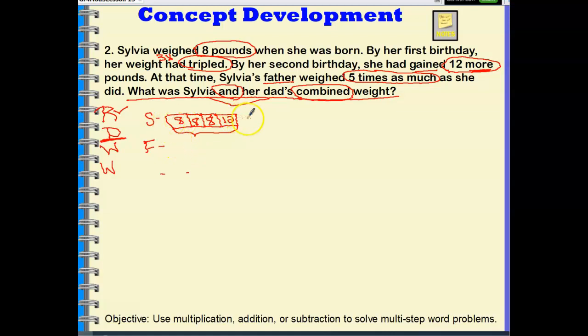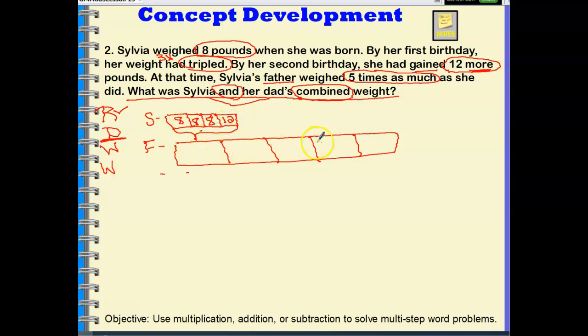So, guys, this is probably not going to be an accurate drawing because if I were to be exact, I would draw each one of these spaces the same length as what I drew Sylvia's weight up here. And just because I don't know that I'm going to have enough room, I'm not going to do that. But I know that each one of these spaces here that I'm sectioning off are going to be equal to this weight right here of Sylvia combined.